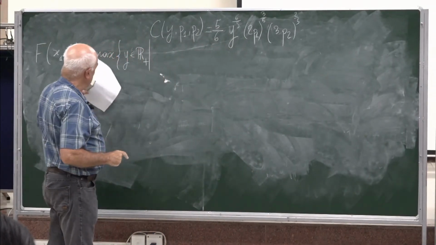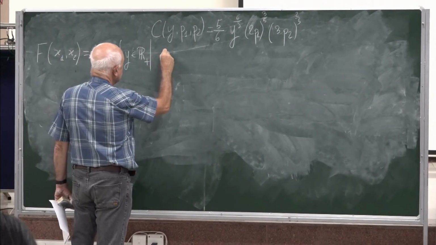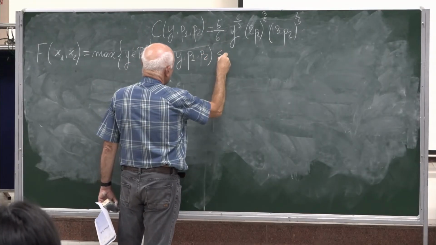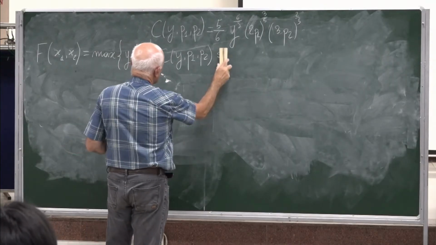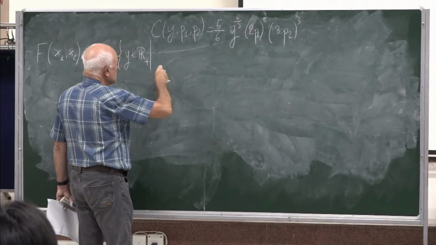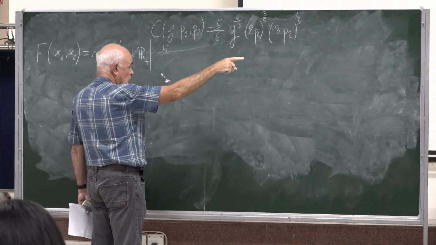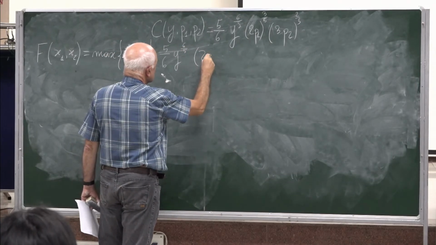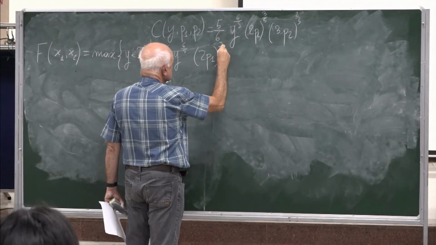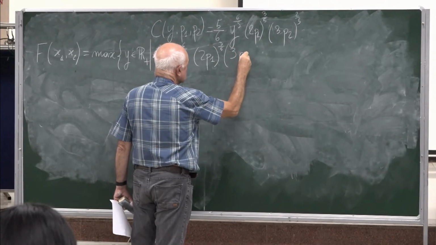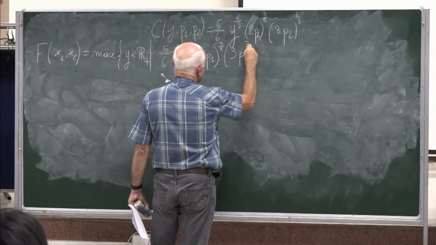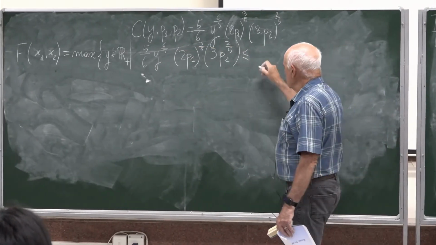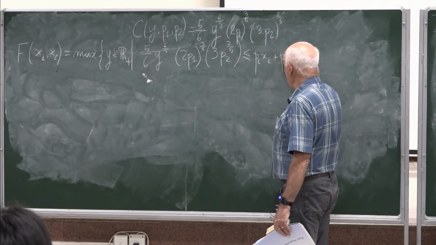So the condition in this definition now is C of y, P1, P2, but in order not to write so much, I write already the expression of C, which plays the role of D, less than or equal to P1 x1 plus P2 x2.